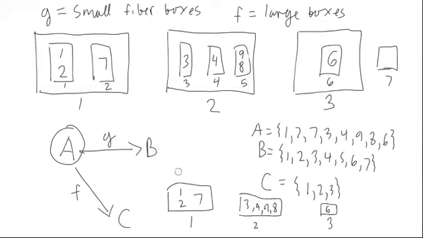Okay, so with that in mind, because we have this nesting, aside from an empty one, we can define a well-defined function from B to C.